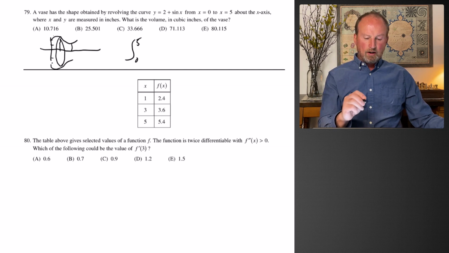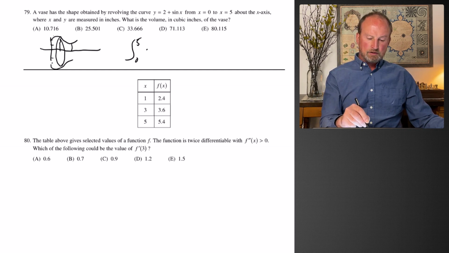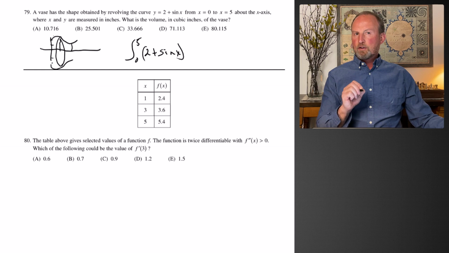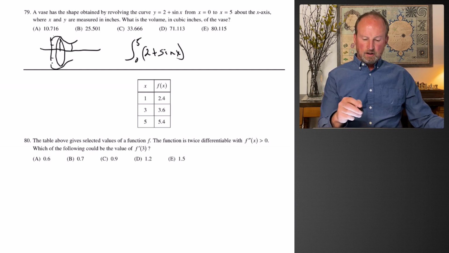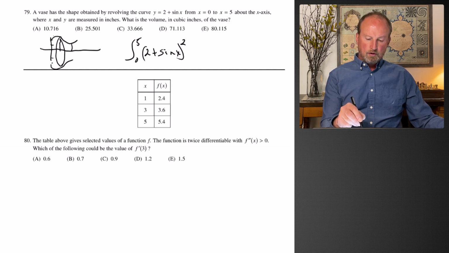So in this case, the radius is simply the y value. Had we revolved it around y equals 2 or y equals -1, we would have to compare it to that line of revolution. That's for a different question.